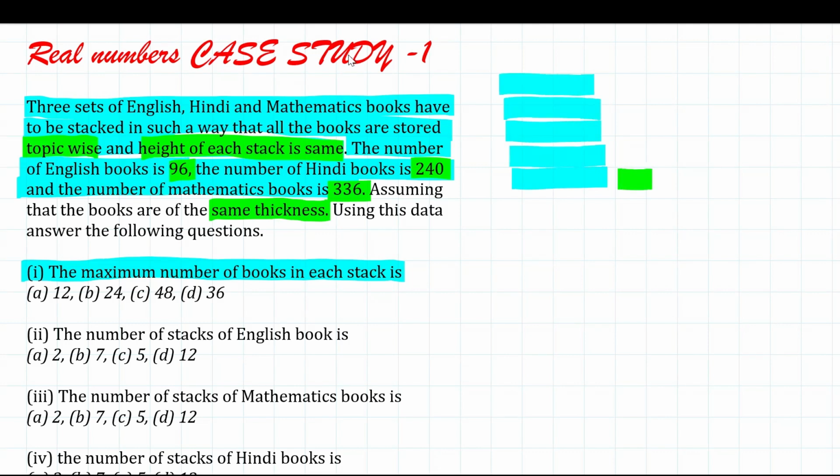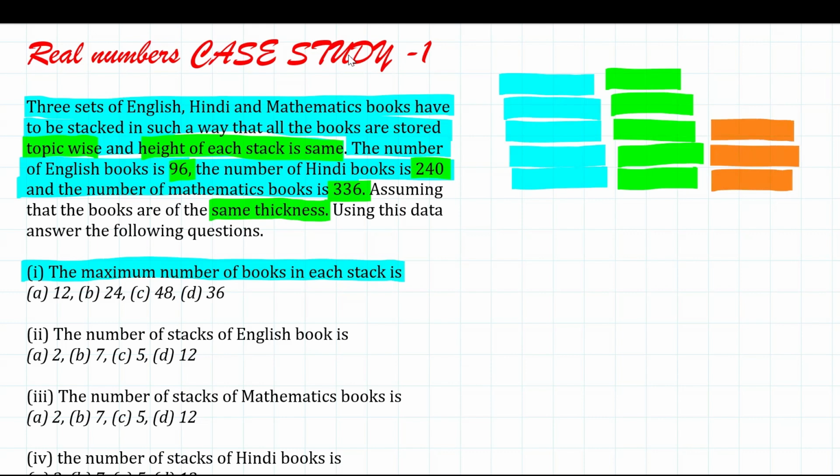I just want to show you that since their thickness is the same, in a single stack the number of books will be the same. But we have to maximize this number in each stack.